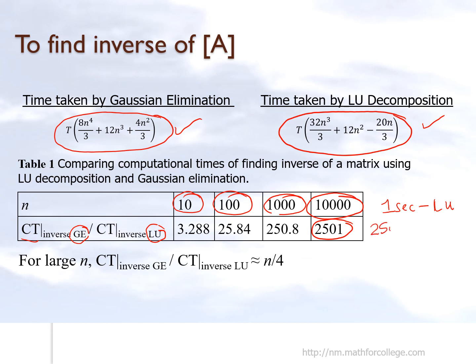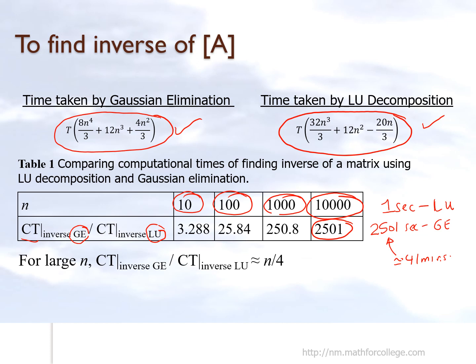It will take 2,501 seconds to do it by Gaussian elimination. And 2,501 seconds is approximately 41 minutes. So if it's going to take 41 minutes for me to find the inverse by Gaussian elimination as opposed to 1 second by LU decomposition method, you know where your priority should lie.